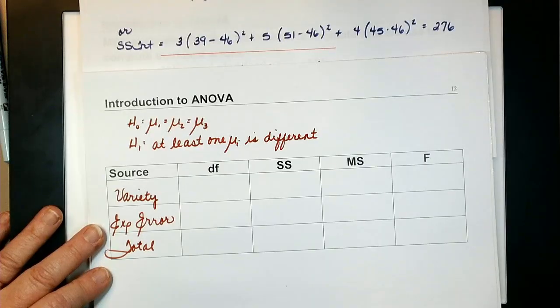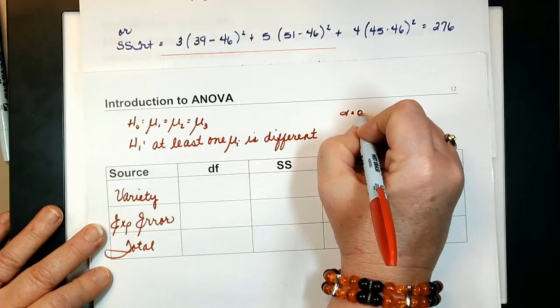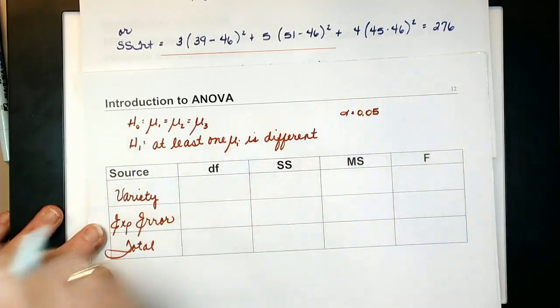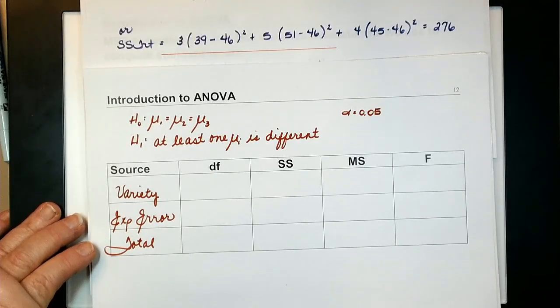What alpha are we going to conduct our test at? 0.05? Because everyone believes that statisticians have that tattooed on one of their upper arms.